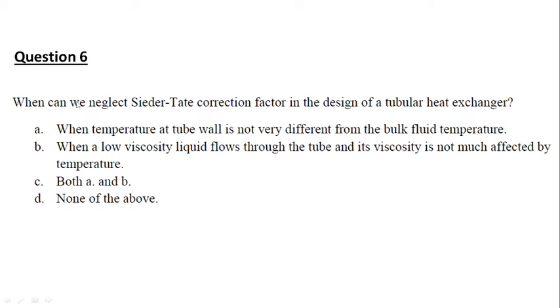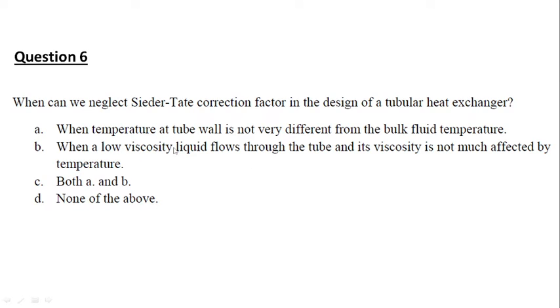Then, when can we neglect the Sieder-Tate correction factor in the design of a tubular heat exchanger? Option A: when the temperature at the tube wall is not very different from the bulk fluid temperature.